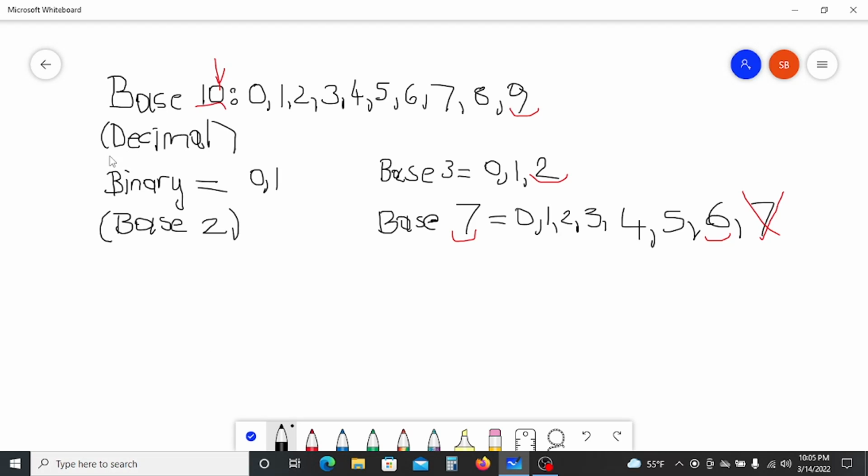One of the famous numbers is base 16. Probably you might have seen it before. Base 16, in other words, is called the hexadecimal system. Hexa and decimal.